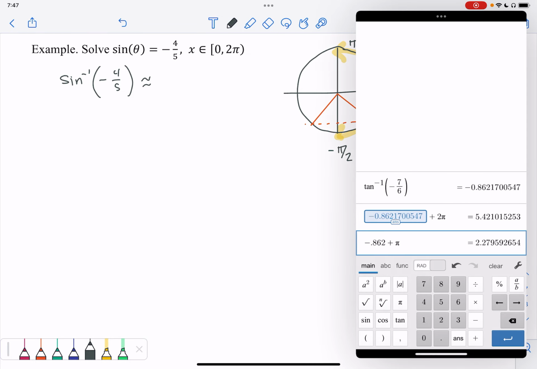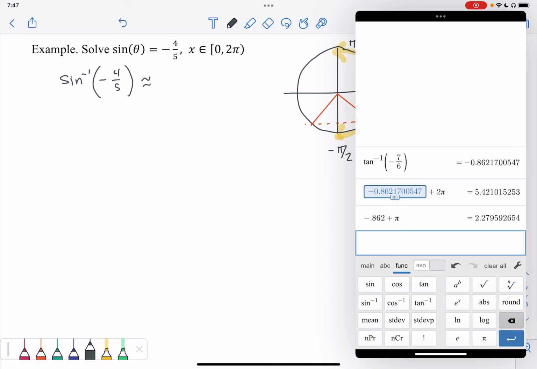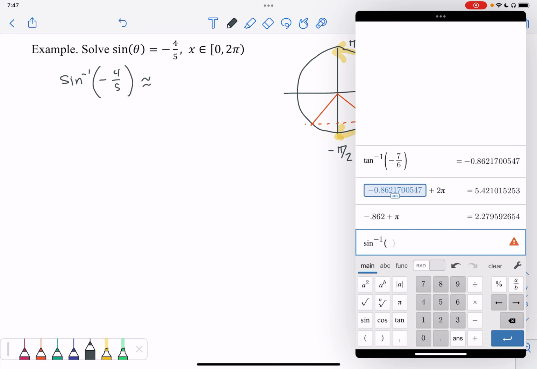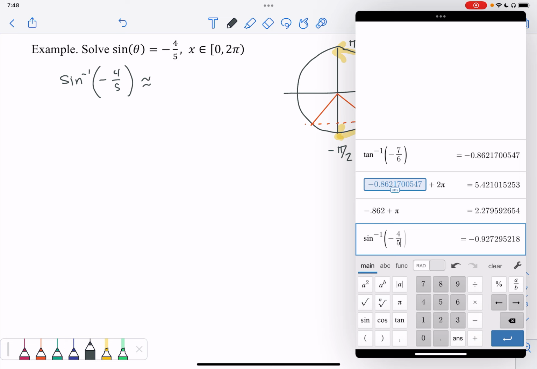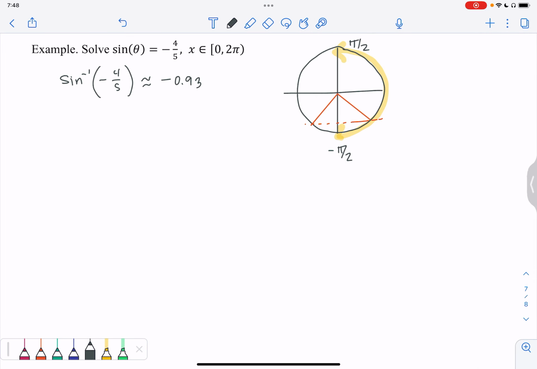So I'm going to pull that in here, make a new line, and do sine inverse of negative 4/5. Okay, negative 0.93, I think is fine.